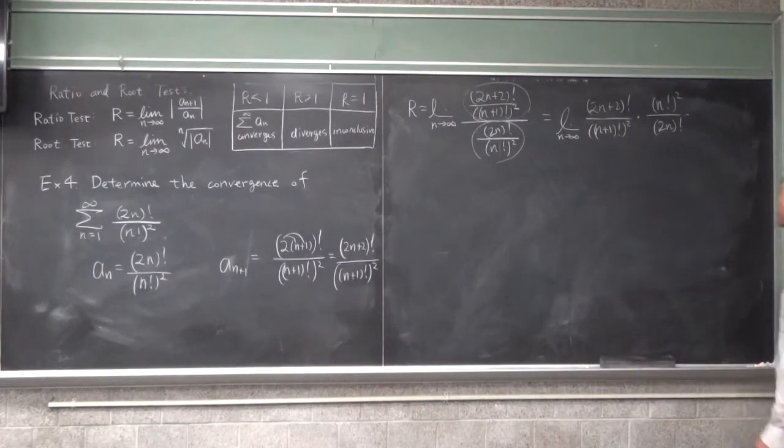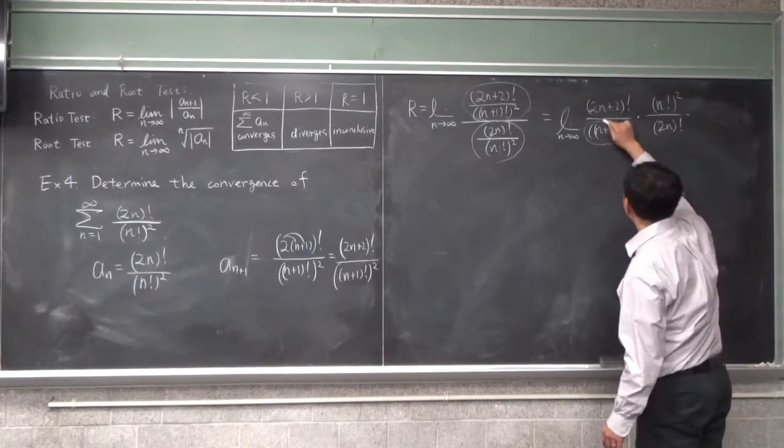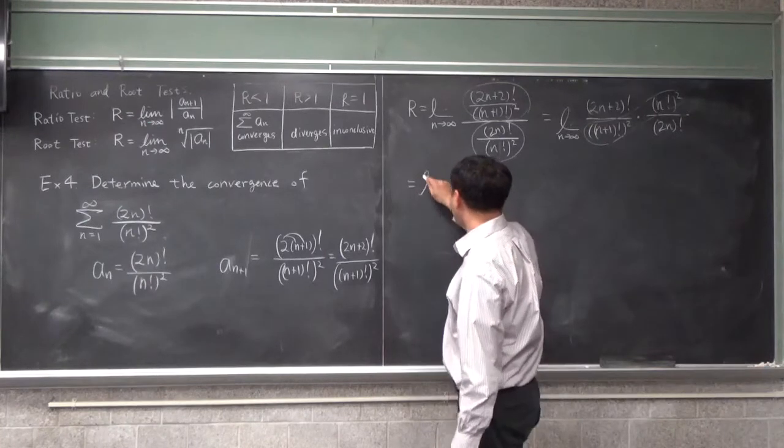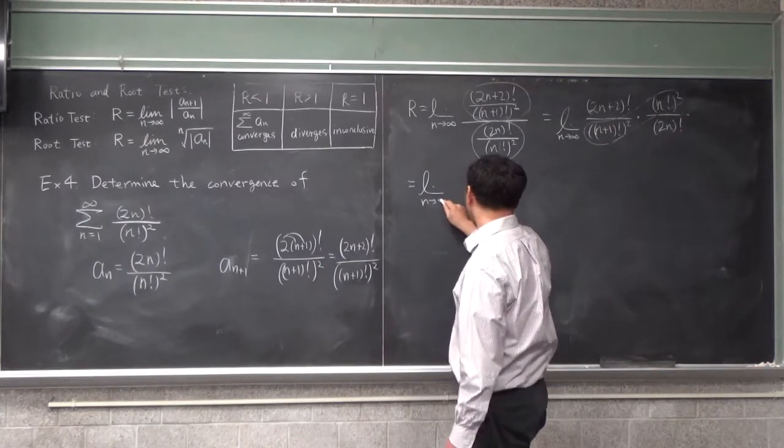And now, let's write the fraction as this one times the other one, because that way it's easier to simplify.